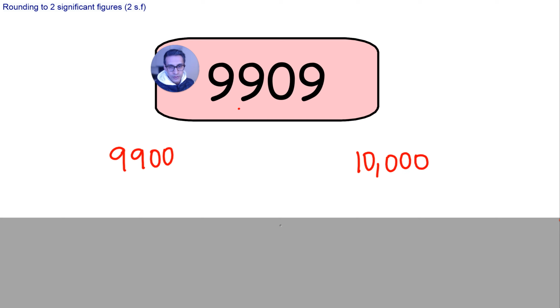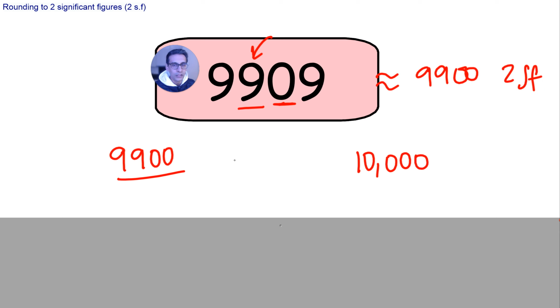Now, because the digit after the second significant figure is a 0, that's the deciding digit, we're not going to round up. This is just going to be 9,900 to two significant figures.